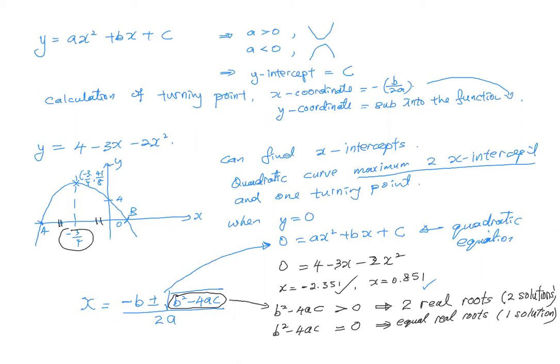If b squared minus 4ac is less than 0, the square root of a negative number is not real. So no real roots, so no solution.